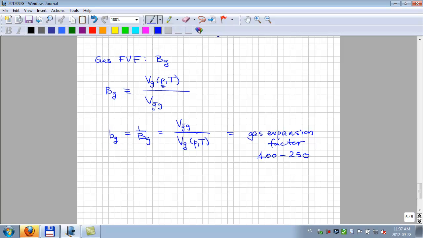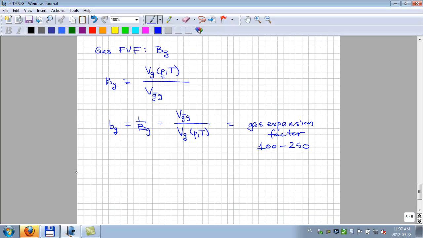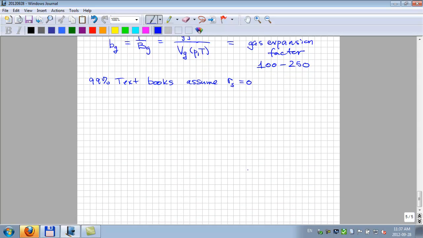But with this formal definition, 99% of textbooks assume little rs is equal to 0. Even today's textbooks.